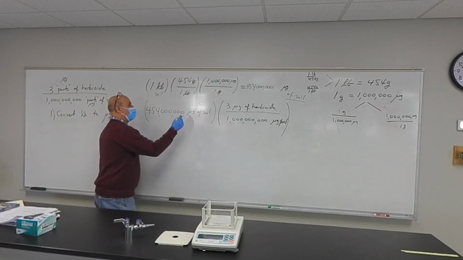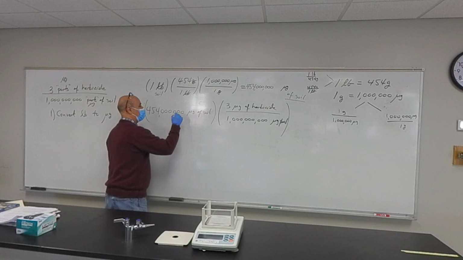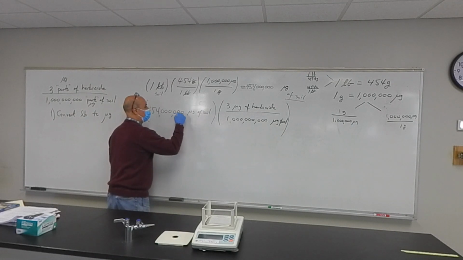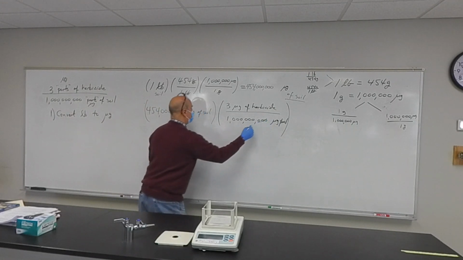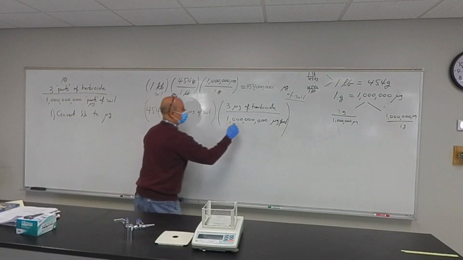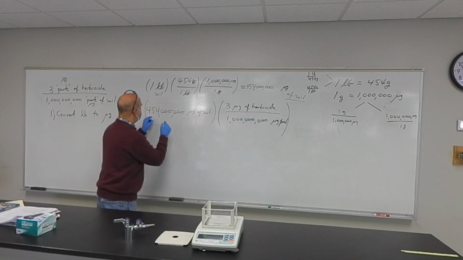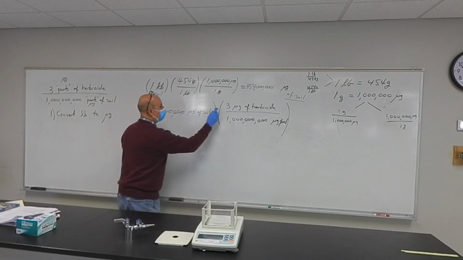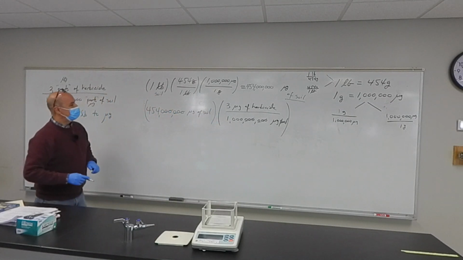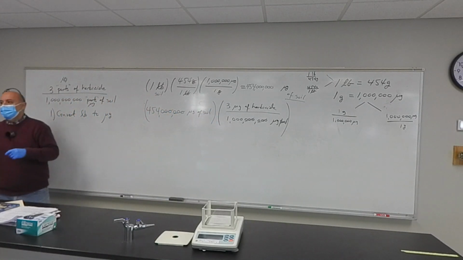Please forgive me for what I'm going to do, but I'm going to try to save some time here. So this is on the top, so I'm going to cancel these 3 zeros with those 3 zeros, those 3 zeros with those 3 zeros. So now it looks just like 454 times 3 divided by 1,000. That's the way I would do it. Yes?